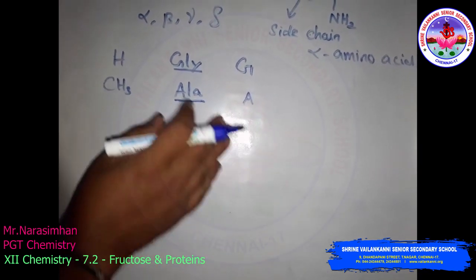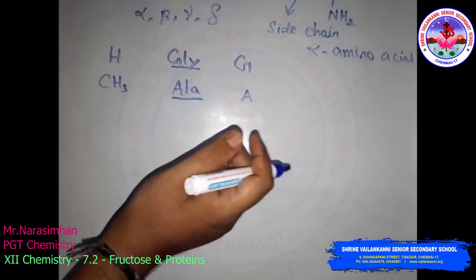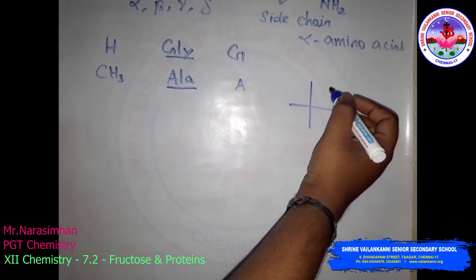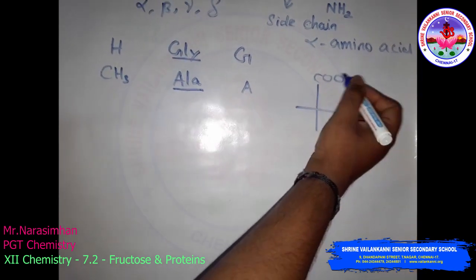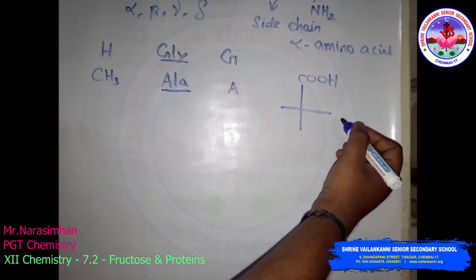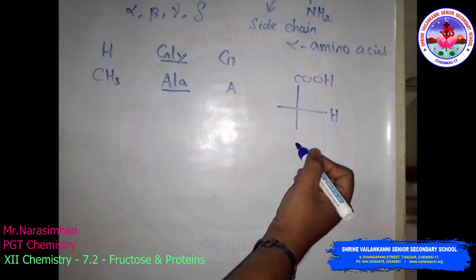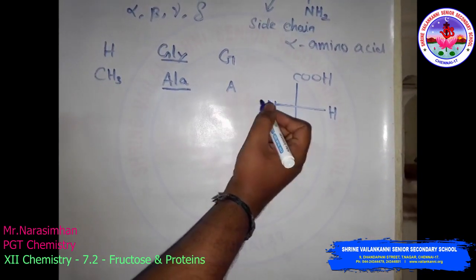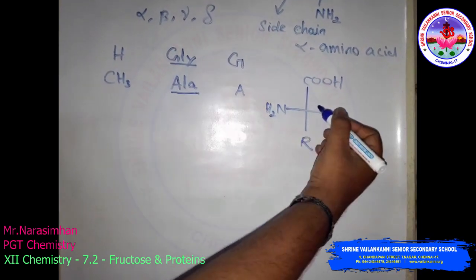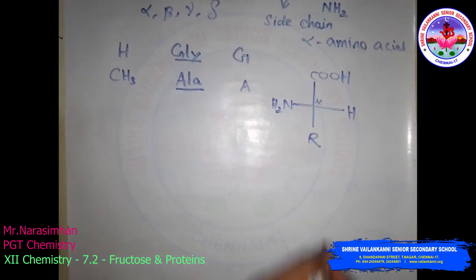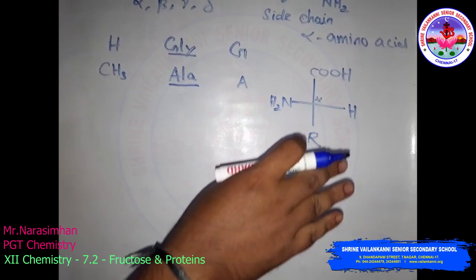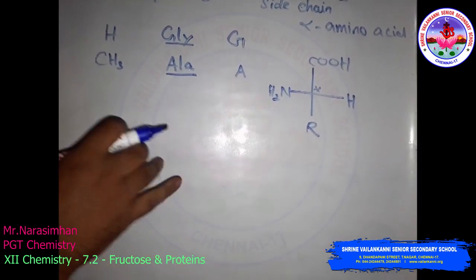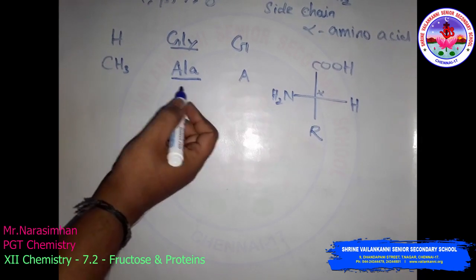Natural amino acids have a structure like this: COOH, R and NH2. So here the chiral center is also possible, so it is an optically active compound. This is a natural amino acid. This is also a natural amino acid.